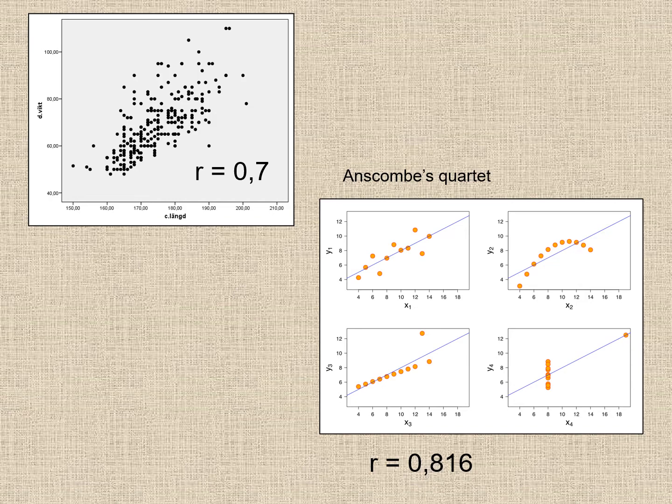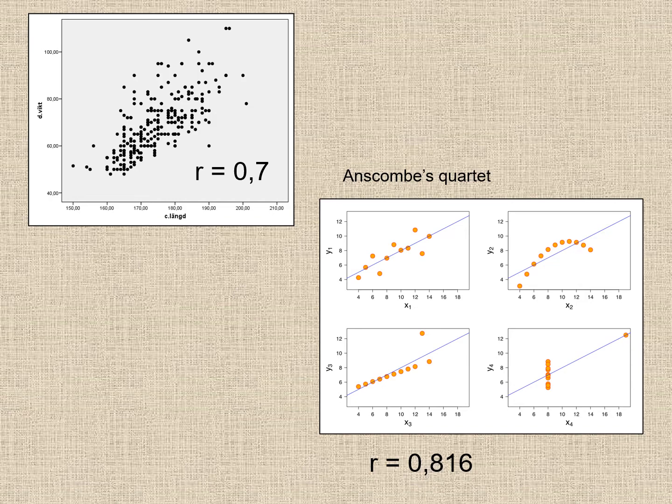Because if that's the only thing you hear, you might conclude, okay, the higher value people have on x, the higher value they will have on y. But here, clearly, the full association is only due to one person. So we would need to be very careful about drawing a conclusion about the association between x and y if we have data that look like this.